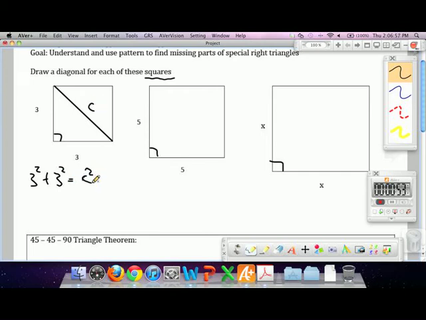So you get c squared equals 18. C should be square root of 18, which simplifies to 3 times the square root of 2. 9 times 2 is 18, 3 roots of 2.